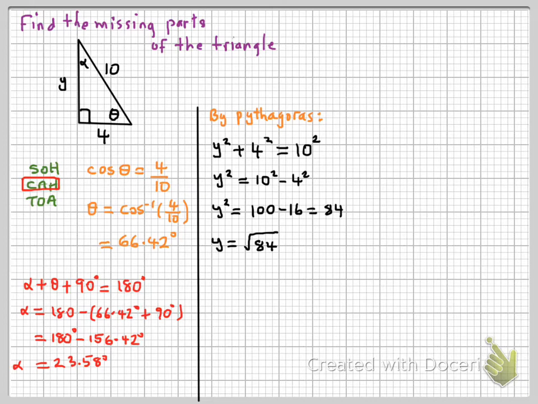When we did radicals, we learned to simplify radicals like this and write them in exact form. If you think about the factors of 84, we can write 84 as 4 times 21. And 4 is a perfect square. Therefore, recalling what we did under radicals, our result there will be 2 times the square root of 21. That will be the value of y.